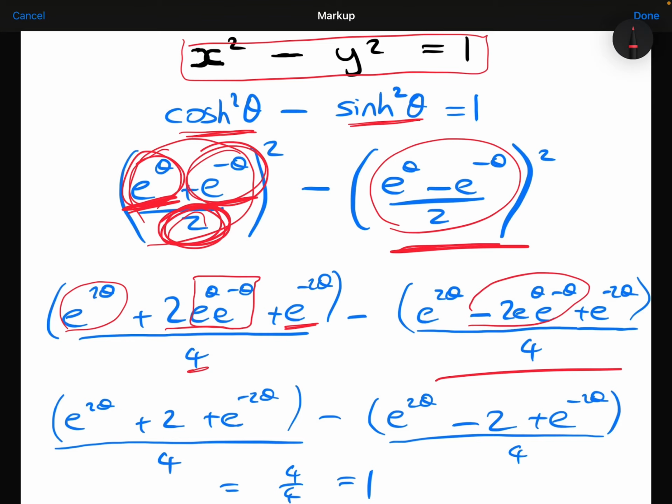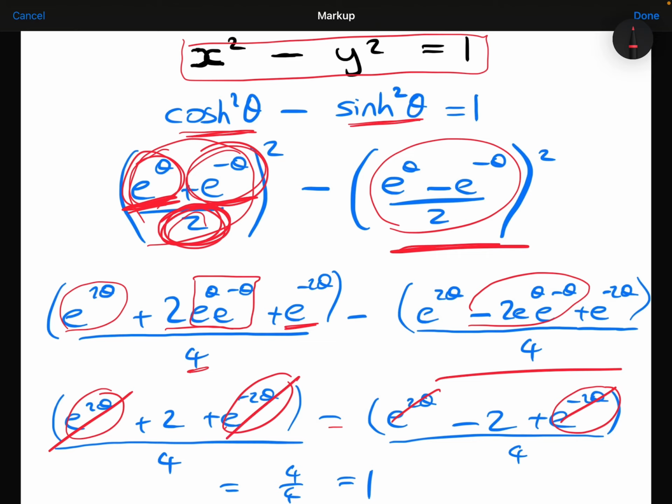Now we have our brackets as simple as they can be, so I'm going to now subtract these 2 fractions from each other. e to the 2 theta minus e to the 2 theta, they cancel out. The e to the minus 2 theta and the e to the minus 2 theta, they cancel out.